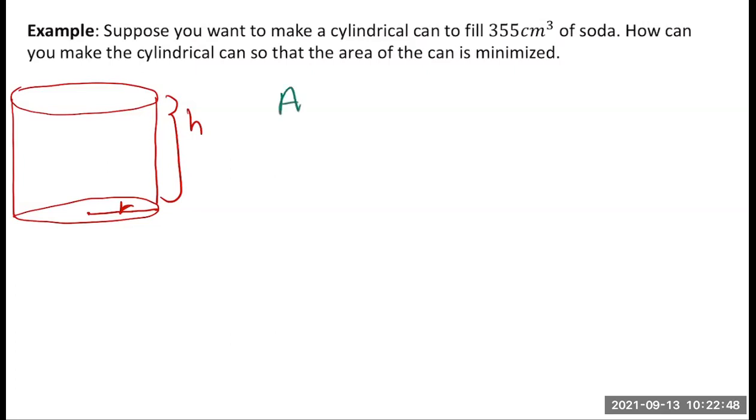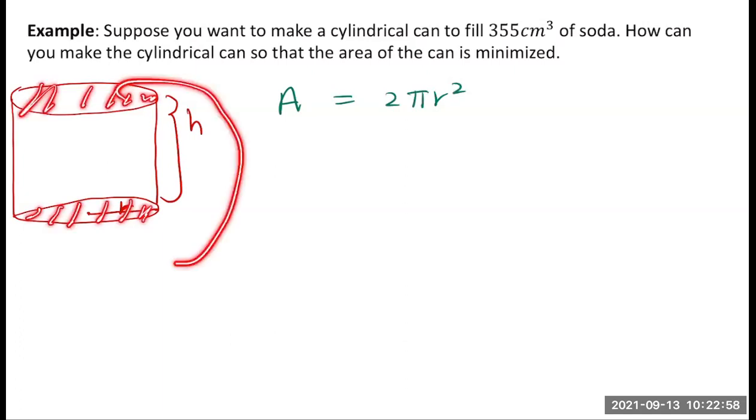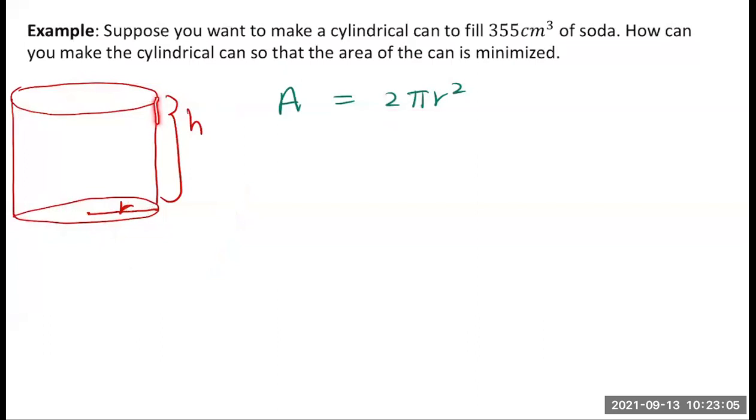What is a formula for the area? That's not difficult. A is equal to 2 pi r squared. That means you have the bottom and the top. The areas of these two would be 2 pi r squared, because one of them would be pi r squared. And then you have to take the area of the side surface, that is 2 pi r h.